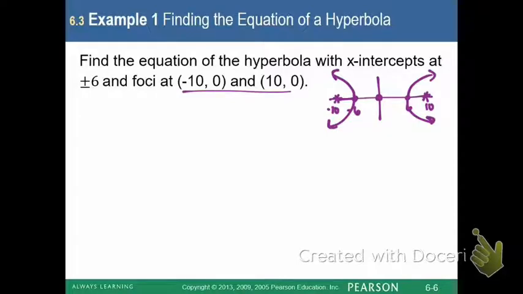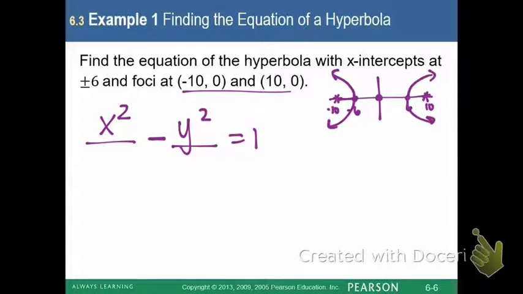So because it opens left and right, that tells us that in our equation, x is going to come first. And because it's centered at the origin, I don't have to worry about adding or subtracting anything to the x's. So I'll have x squared over something, remember it's minus, and then y squared over something equals 1. So I need to figure out what's going to go under the x squared and the y squared.